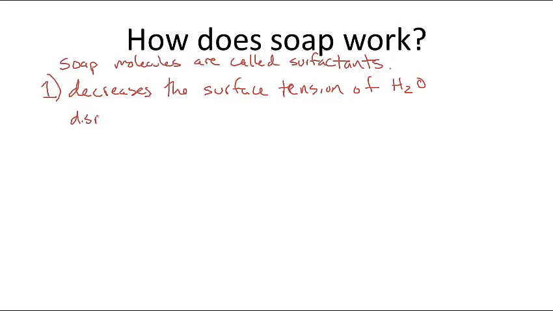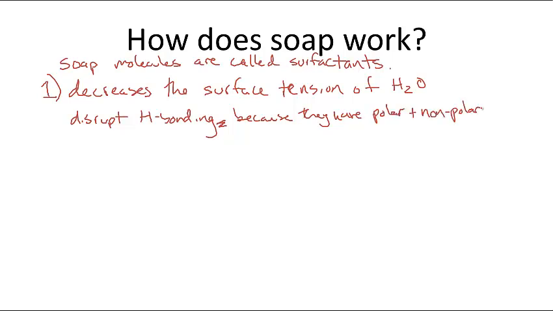So these surfactants disrupt the hydrogen bonding because they have polar and nonpolar regions. Does anybody know how soap was made back in the day?